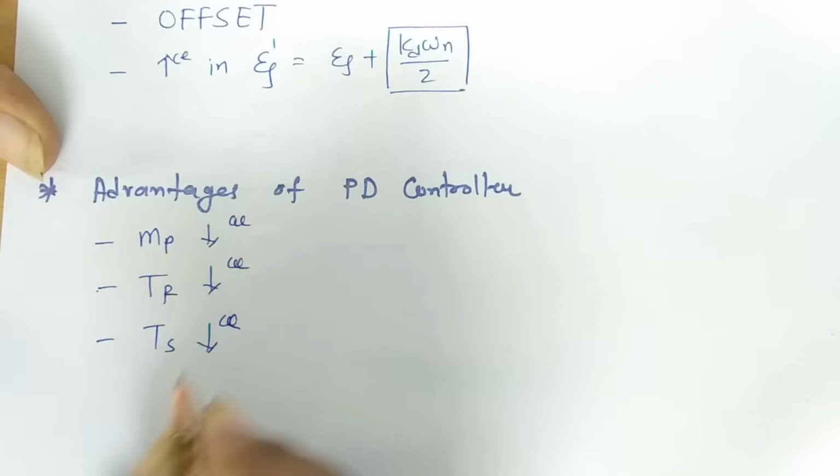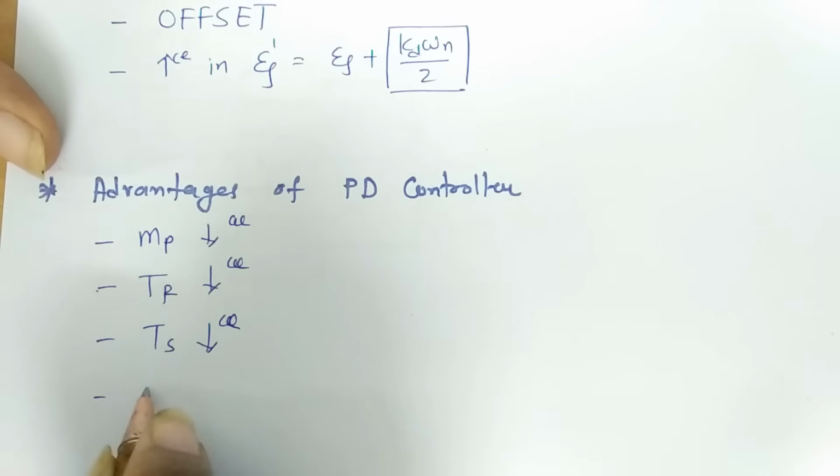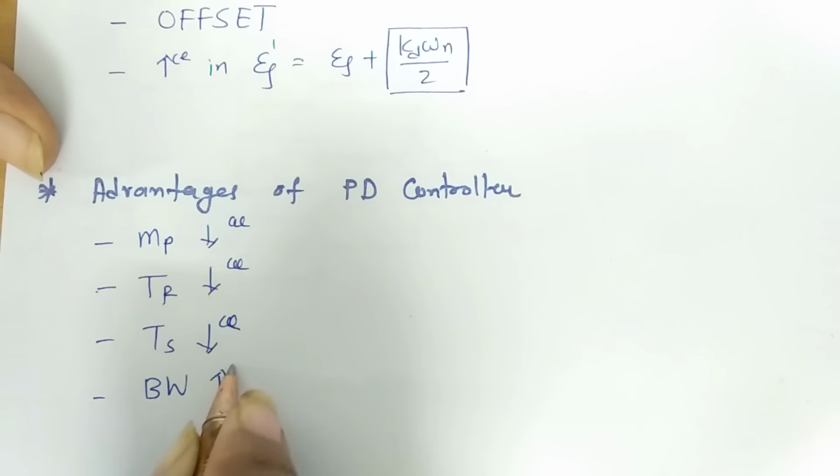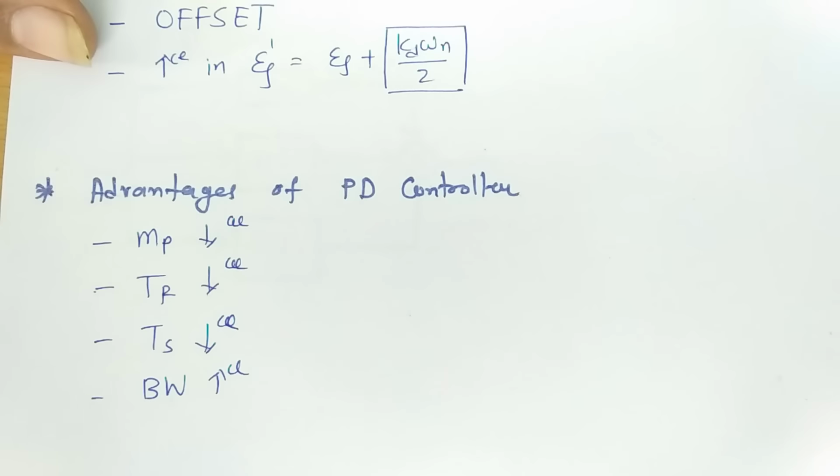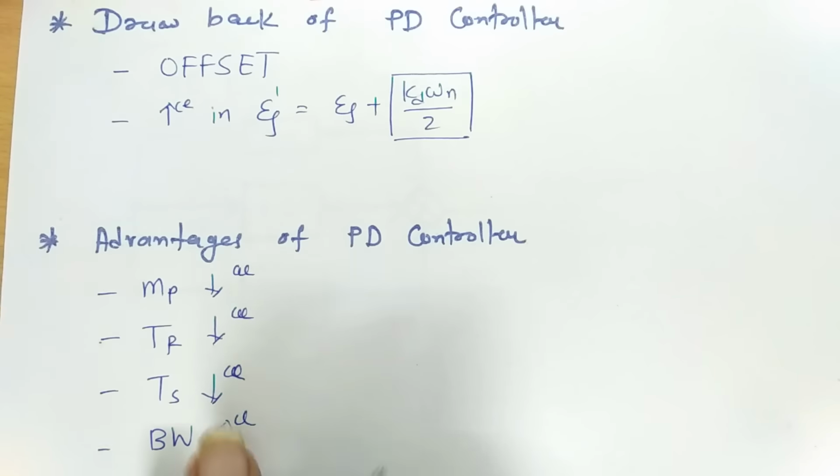And fourth, it increases bandwidth. So there are lots of advantages, and along with these advantages there are some drawbacks, and those drawbacks are offset as well as increase in damping coefficient.